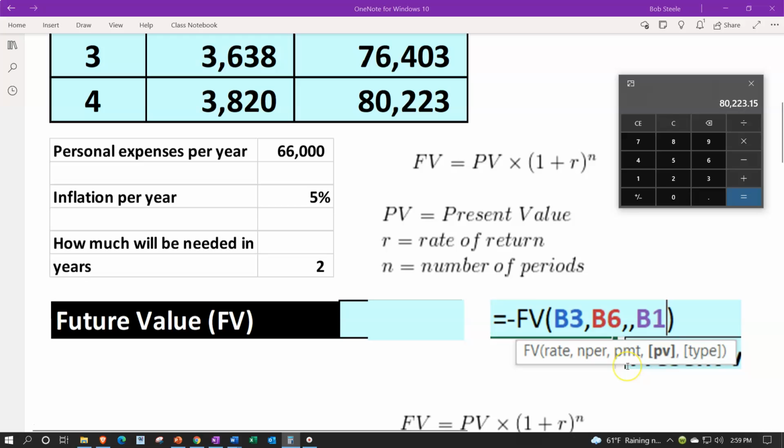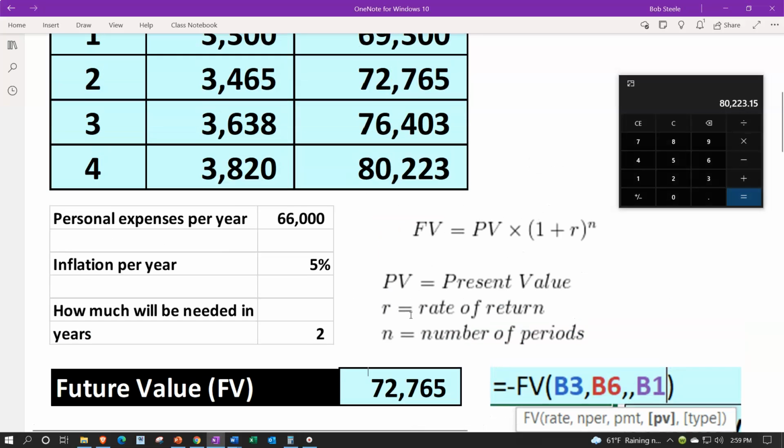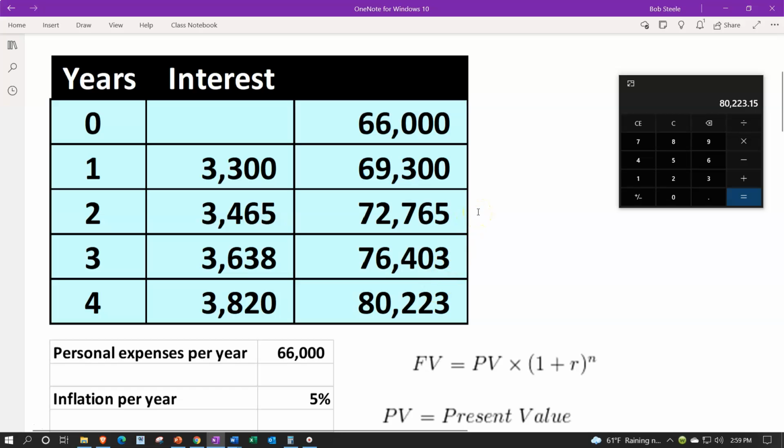And then comma, we have the payment. We're not using the payment, so we have 2 commas. We don't use the payment because that's something that will be applicable to an annuity table. This is a future value of 1 calculation. 2 commas, and then we get to the present value, which is our starting point at the 66,000. That then gives us our result of the 72,765, which is the same result we got after 2 periods up top.